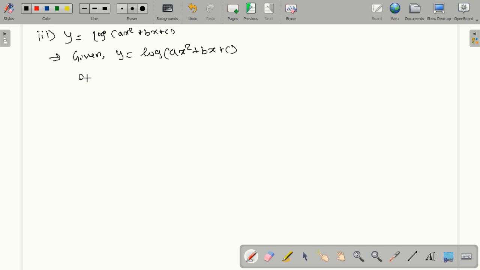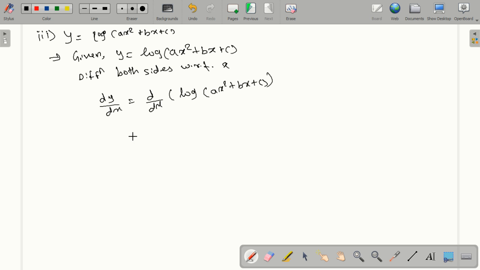So the next step is differentiating both sides with respect to x, we get dy by dx is equal to d by dx of log of ax square plus bx plus c, right? What will be the derivative of this?